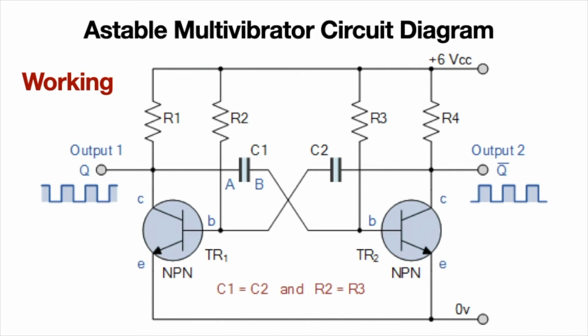Therefore the left hand side of capacitor C2 will also be accumulating 0.7 volt, and therefore C2 charges up to VCC minus VBE of Q1, right? And VBE will be the same for both the transistors. We should keep that in mind.